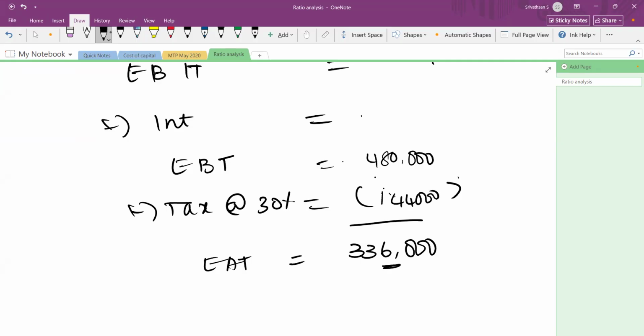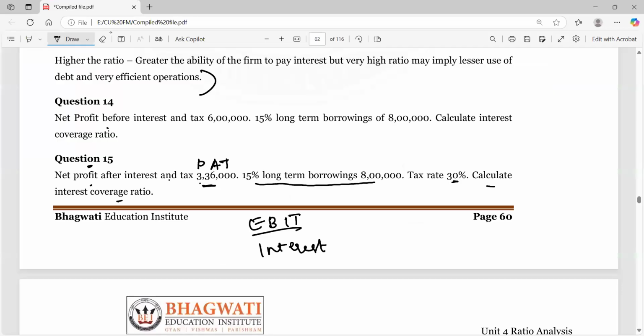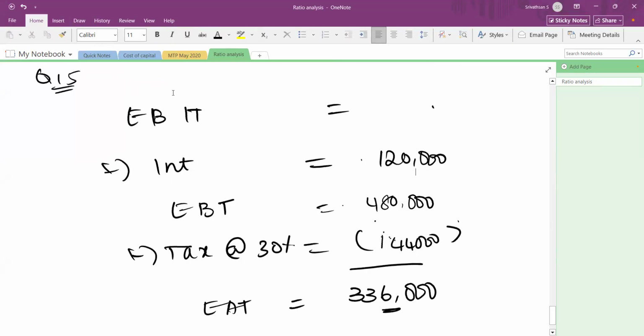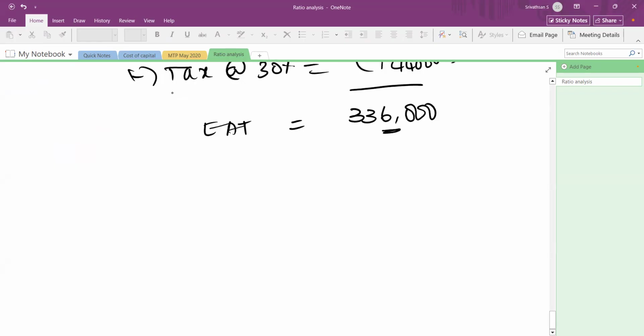So interest is something which we can calculate. It is 15 percent of 8 lakh. What is the amount of interest? 1,20,000. So what is EBIT? 6 lakhs. So now we have EBIT and we have interest. Calculate interest coverage ratio. Interest coverage ratio is equal to 6 lakh by 1,20,000.